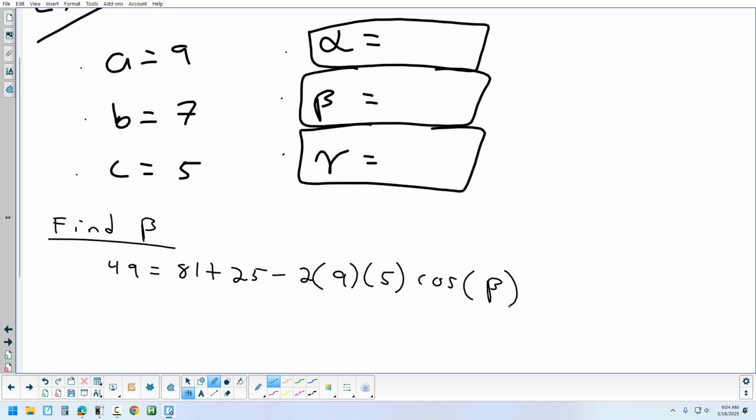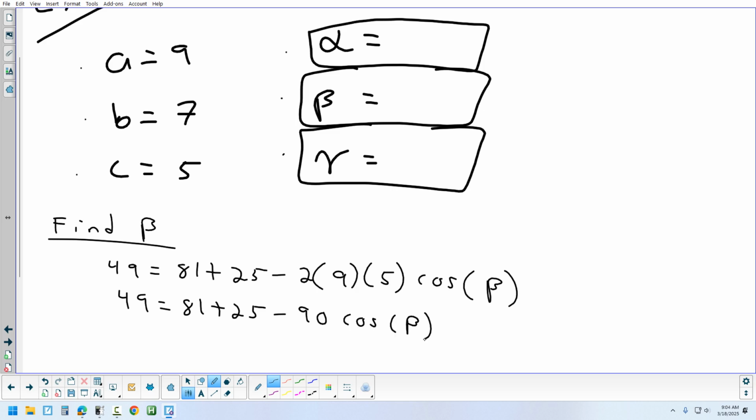Okay. So I did some of it as we went. b squared, a squared, c squared, minus 2 times 9 times 5. We need to do that out. What's 2 times 9 times 5? Yep, 90. It's easier to do 2 times 5 is 10. 10 times 9 is 90.